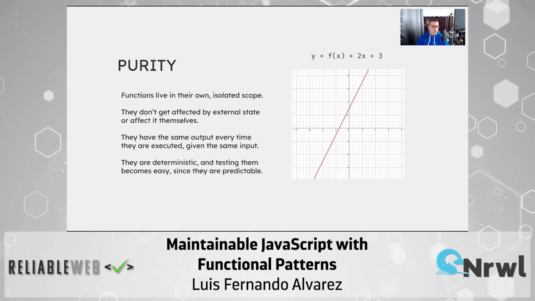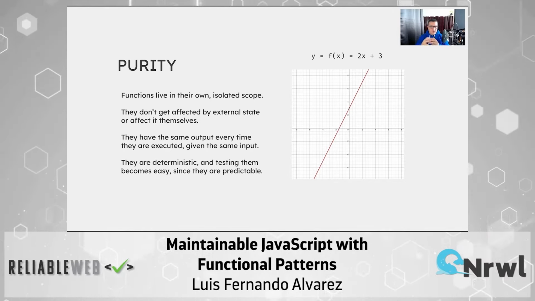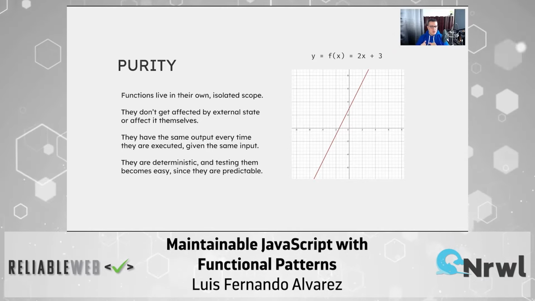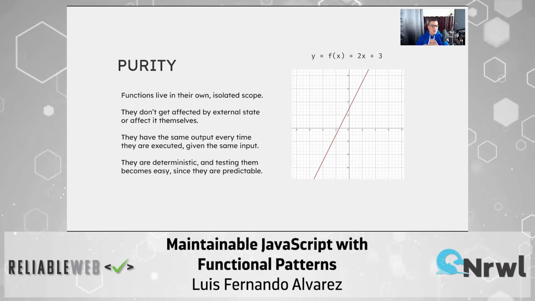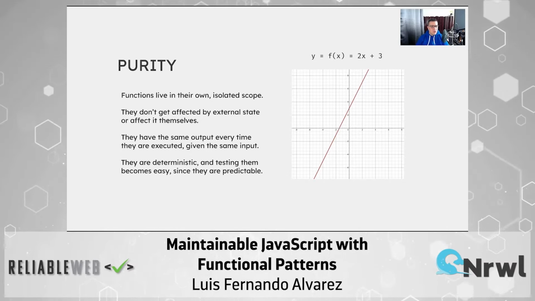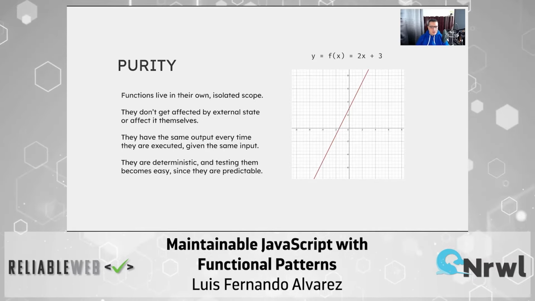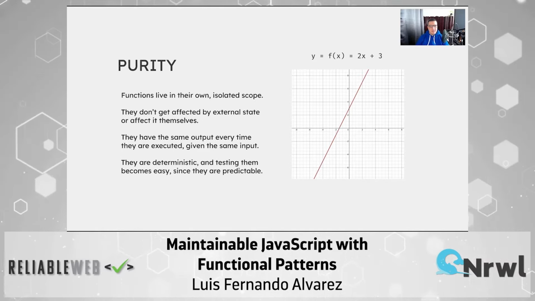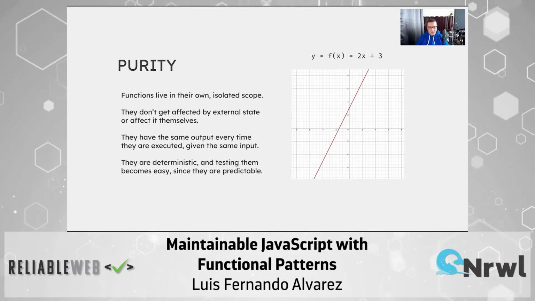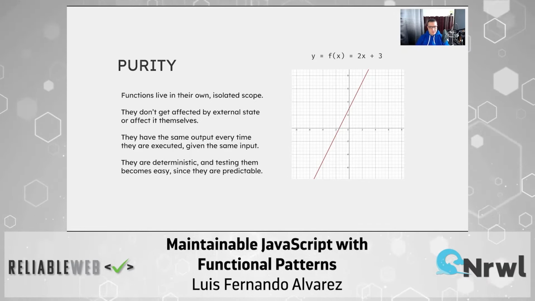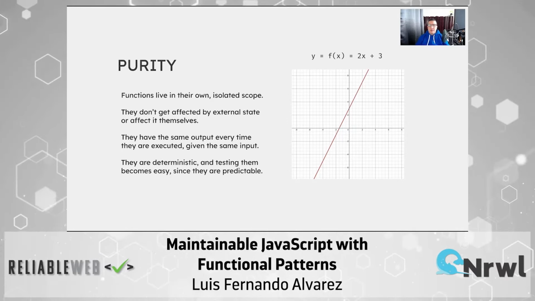And this is called referential transparency in functional programming, which means you can virtually switch the function execution with its value, just because you know that it's going to be predictable and you know that it's not going to change over time. And these functions are deterministic, and testing them becomes really easy since they always return the same set of values, based on the input, obviously.